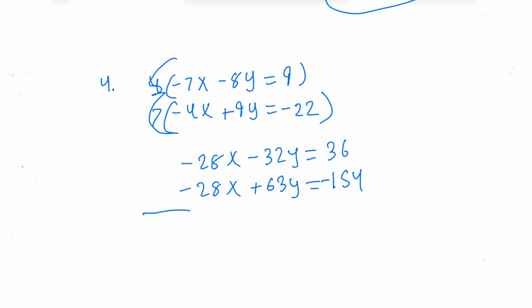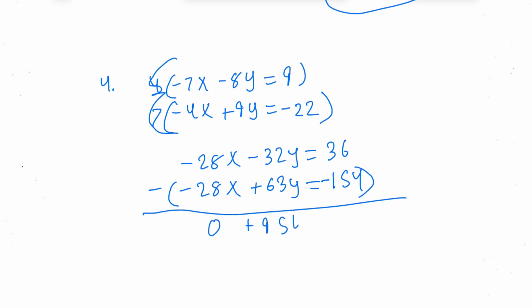So now, again, we're going to have to subtract out because they are the same sign. So negative 28x plus 28x, that's 0. Negative 32y minus 63y is going to give us 95y.